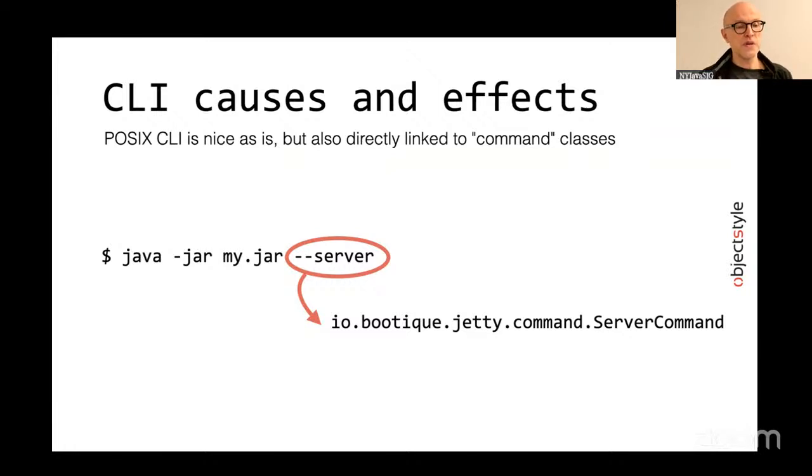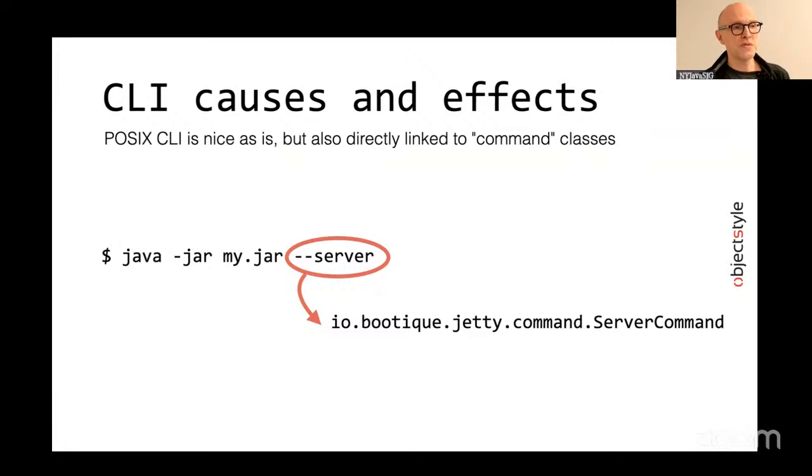If you have a module, and in that module you write this command class, there's an interface for command, and it's well defined. Then you use this extension API to contribute it to the core module. You will see this command in help immediately.